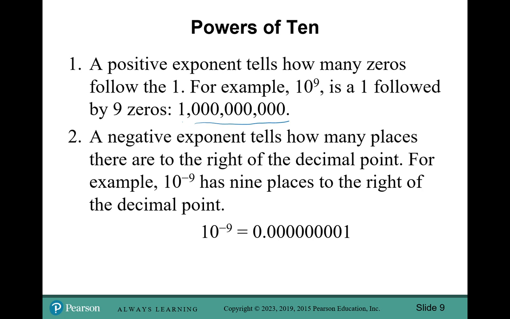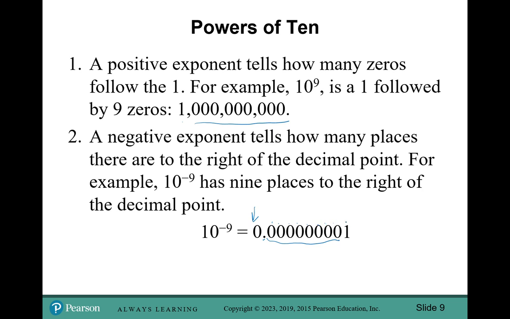A negative exponent tells us how many places there are to the right of the decimal point. For example, 10 to the negative 9 has 9 places to the right of the decimal point. So if we look at this here, we're going to make sure that when we go right of this decimal point, we have 9 zeros here. We're not counting the 0 in front of the decimal point. We're only counting the zeros behind the decimal point. 1, 2, 3, 4, 5, 6, 7, 8.